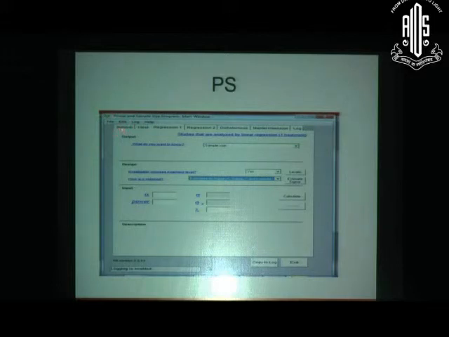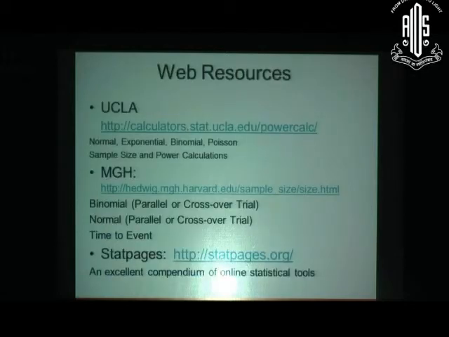This is the survival, the Kaplan Meier analysis where we're using log rank, time to event values. Basically only three types: binomial, normal, and time to event. So it will ask you what you want to do. You want to do sample size, or you want to take the power of your study, and then it will ask you a few questions about your variance, your power, and you will be able to get either the sample size or you'll be able to get the power of your study.